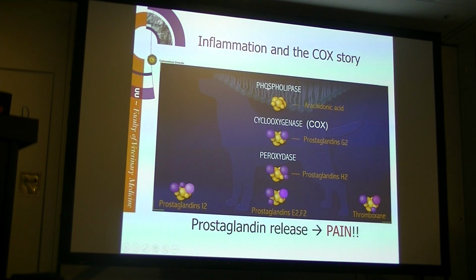And the main pathway that is involved in that is the arachidonic pathway. I'm sure you're familiar with this pathway. It's a pathway that involves arachidonic acid here at the top, and then enzymes, the cyclooxygenase enzymes, which transform the arachidonic acid into prostaglandins.